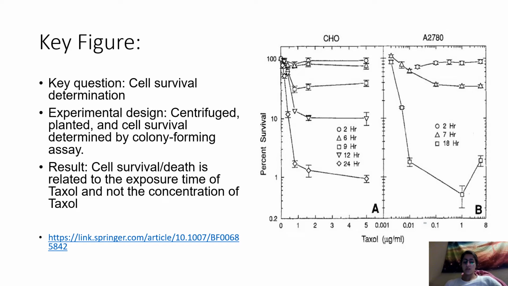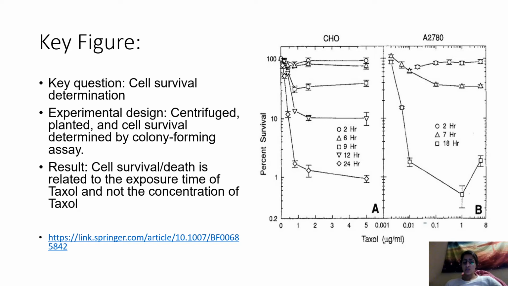On the bottom x-axis, we have Taxol concentration in micrograms per milliliter, and on the y-axis, we have survival percentage. These cells were exposed to different concentrations of Taxol, and the survival of the cells was determined. What they found was that after exposure for different periods, the cell survival decreased with an increase in Taxol concentration, but then it hit a plateau.